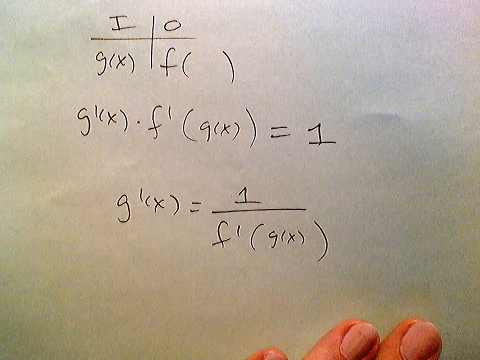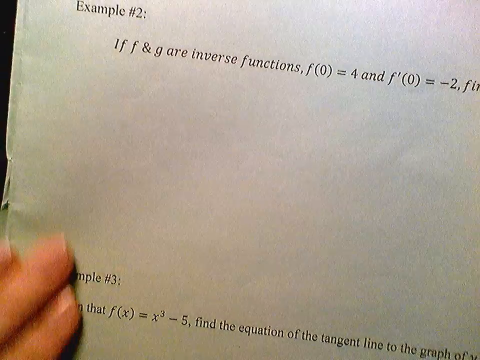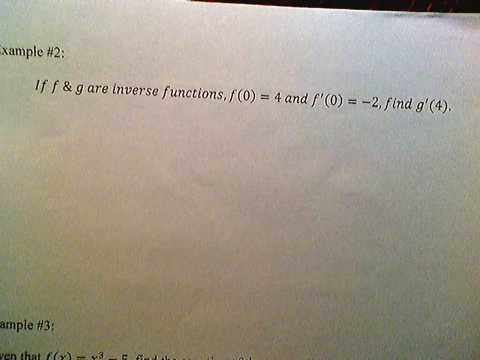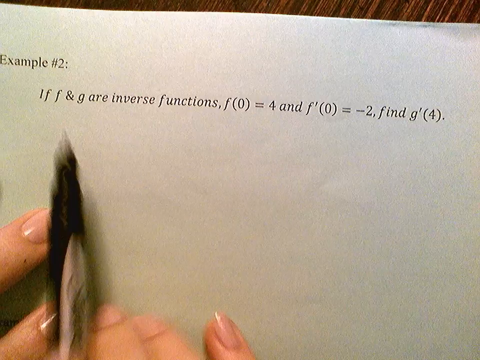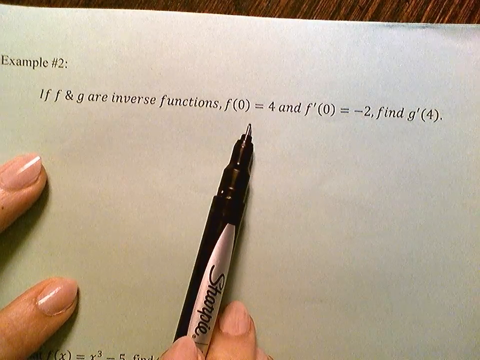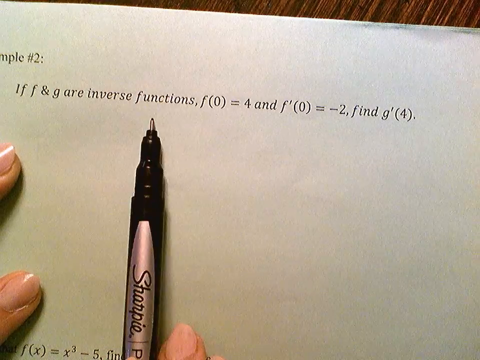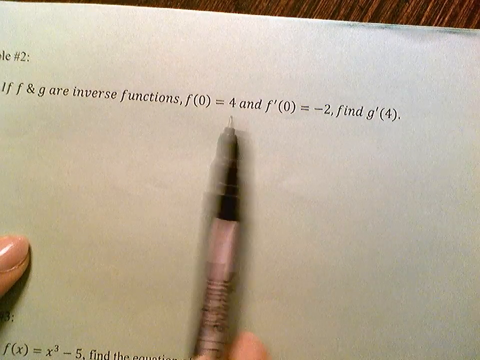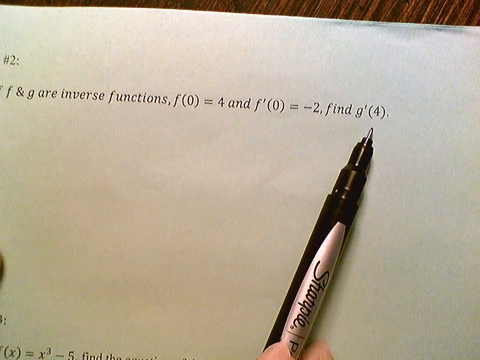And so now we're going to use the formula and do two examples. One is pretty straightforward, and the other takes a little more thinking. So example number 2: if f and g are inverse functions, and f of 0 equals 4 and f prime of 0 equals -2, find g prime of 4.